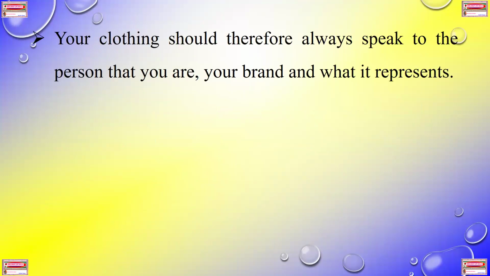Your clothing should therefore always speak to the person that you are, your brand, and what it represents. Don't be cheated. Don't be cowed. Don't deny yourself. The truth of the matter is, your dressing communicates what is inside you. Therefore, don't tell anyone that your dressing does not mean what that person is thinking.